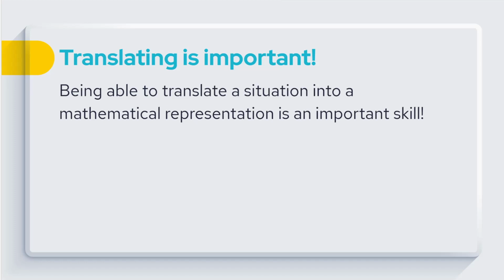Translation is important. Being able to translate a situation into a mathematical representation is a really, really important skill. In fact, one of the main skills of the entire pre-algebra and algebra course. 2 years devoted to this one skill. So, you get a situation, because remember, all math represents some real life thing that is happening.